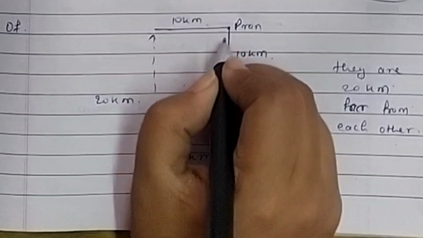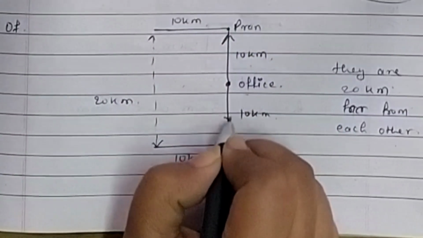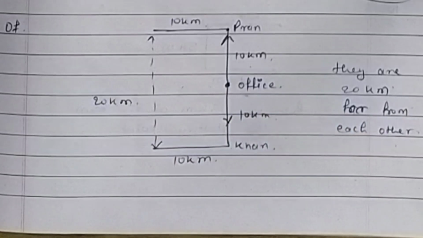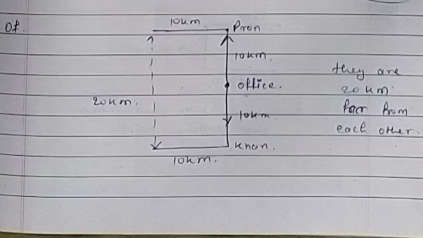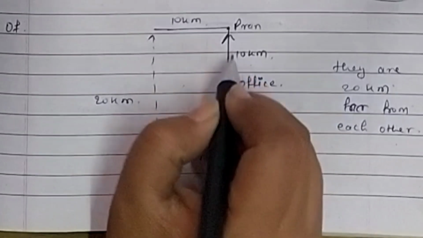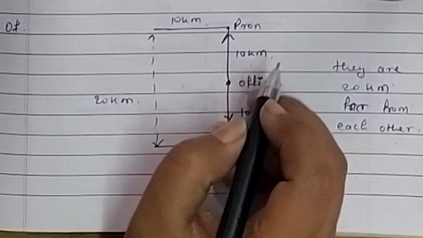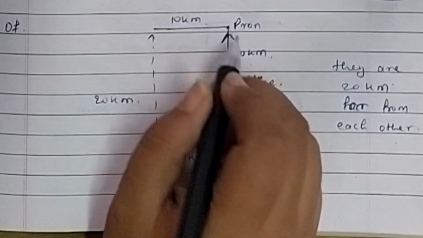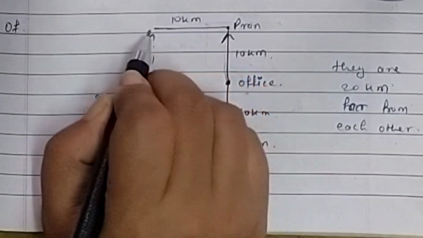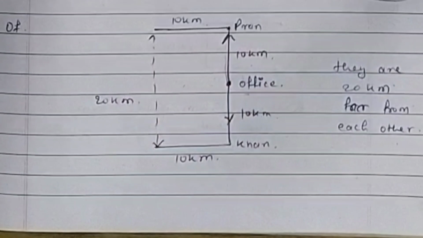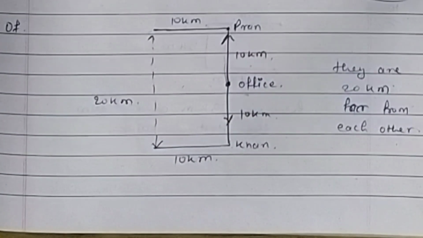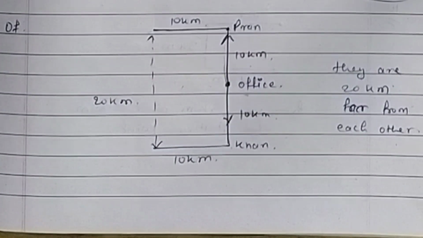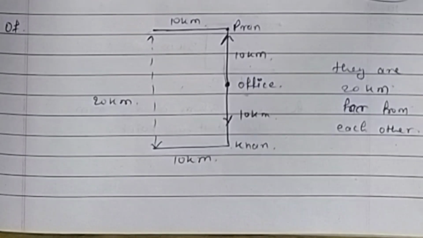So if we take this direction for Pran and this direction for Khan, the opposite ones, then Pran turns left and walks 10 kilometers. So after covering 10 kilometers from the office, Pran took a left and walked for 10 kilometers, while Khan turns right and walks for 10 kilometers.